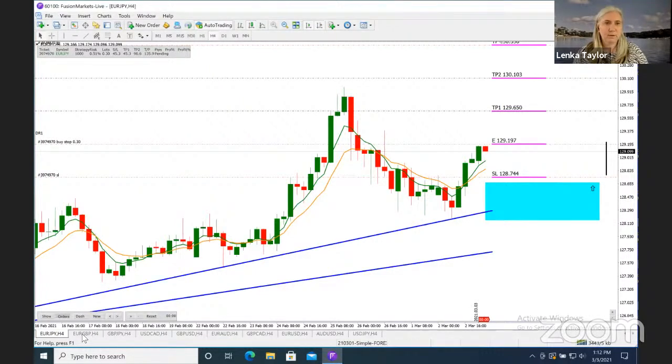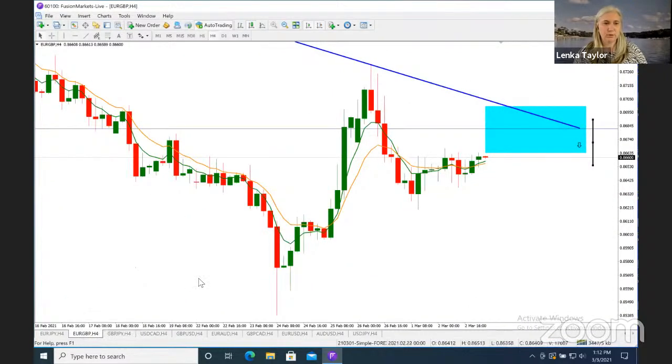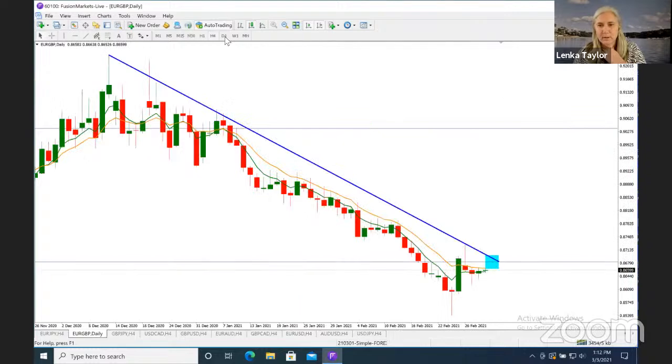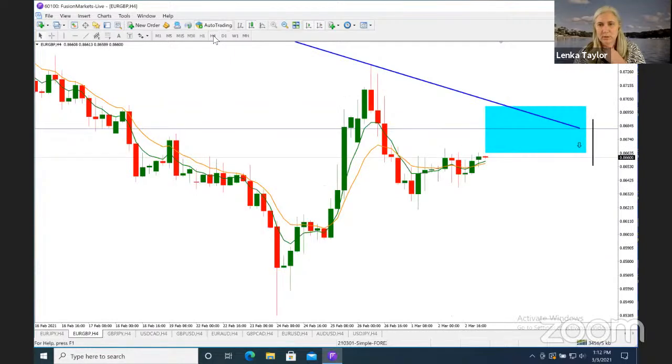All right, so the next chart I'm going to have a look at is Euro GBP, also the 4-hourly. On this chart, I am very interested to take a trade short. I just need to see some really good price action there and maybe a slight more pullback towards this trend line here.